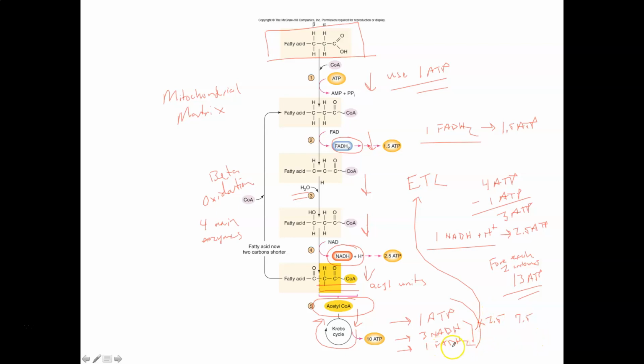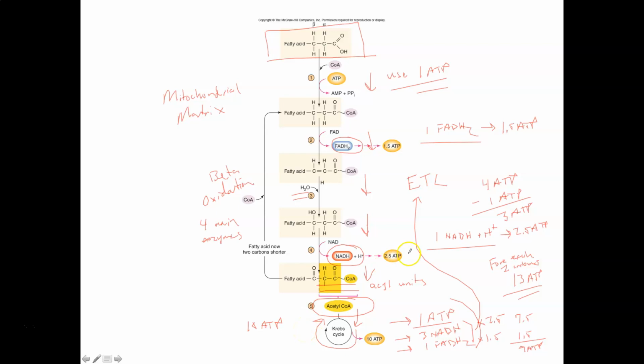And then 1 FADH2 times 1.5, so that's going to give us 1.5 ATP. So if you add that up, that's 9 ATP molecules. And then, of course, we made 1 from the Krebs cycle. So 9 plus 1, that's 10 ATP that we're getting from the products of the citric acid cycle, or the Krebs cycle.